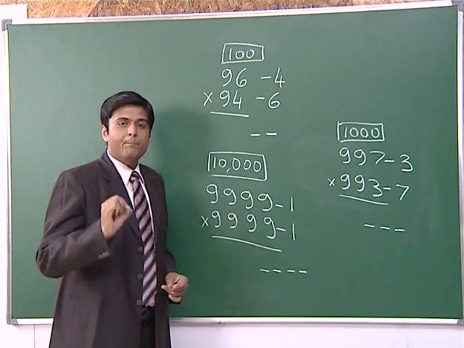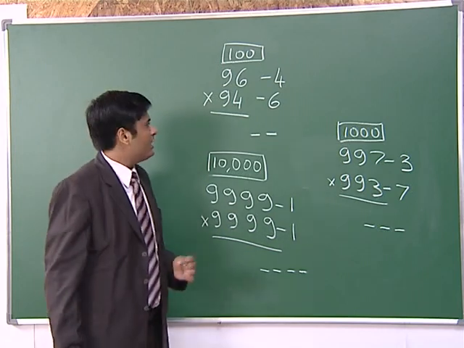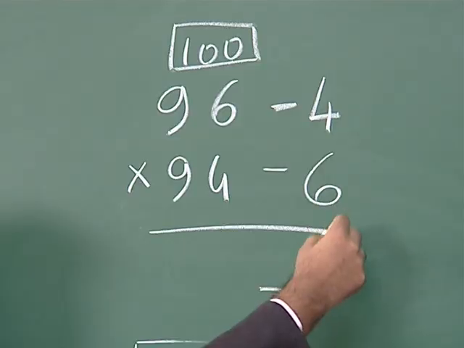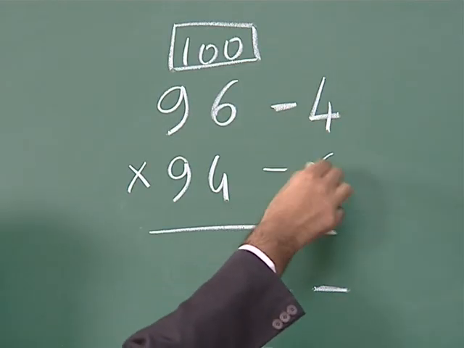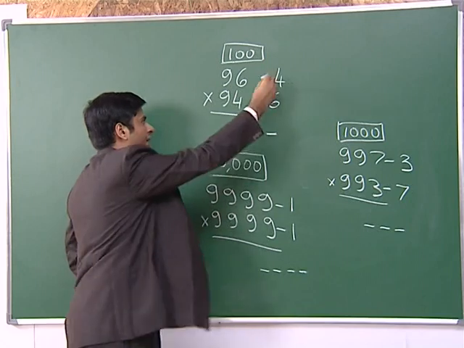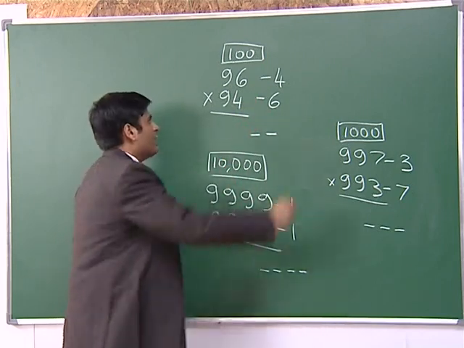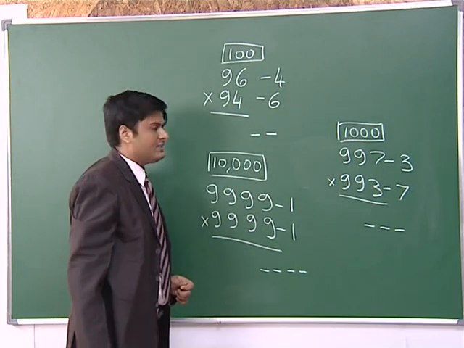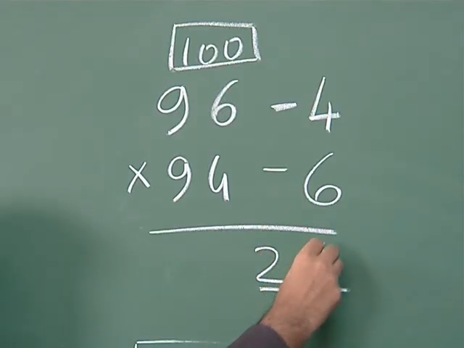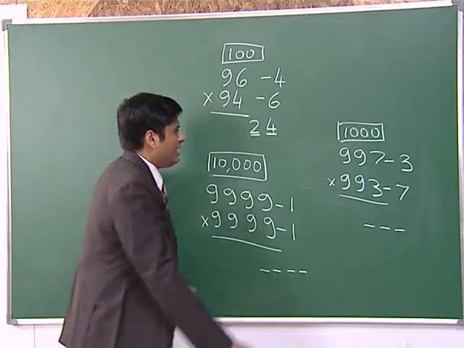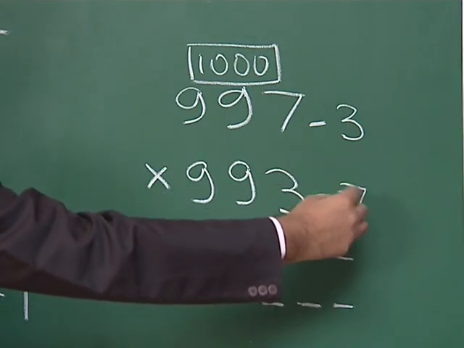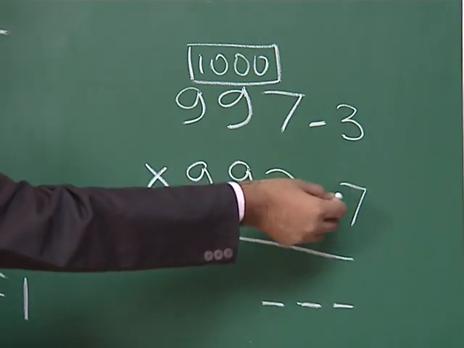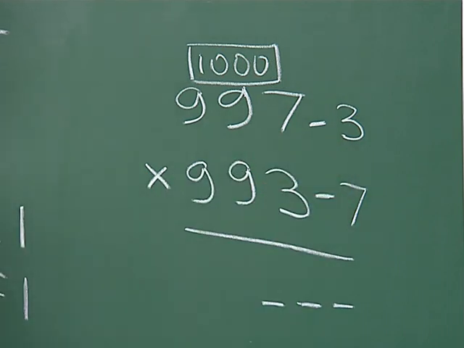Step C says multiply the differences. So minus 4 multiplied by minus 6. We know minus minus becomes plus. So minus 4 into minus 6 will give me 24, which I write in the right part. Similarly, minus 3 into minus 7 gives me plus 21.